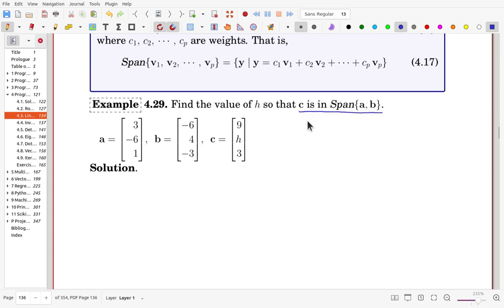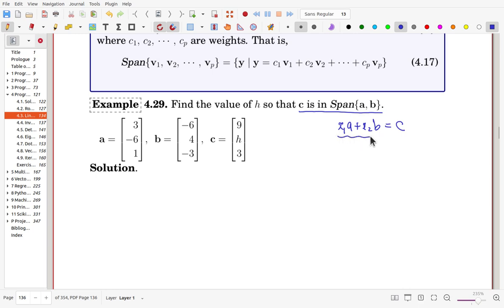Here, c is in the span of a and b, but the span of a and b is the collection of linear combinations, so every element in this set looks like x1 a plus x2 b. c is in the span means that it equals c.